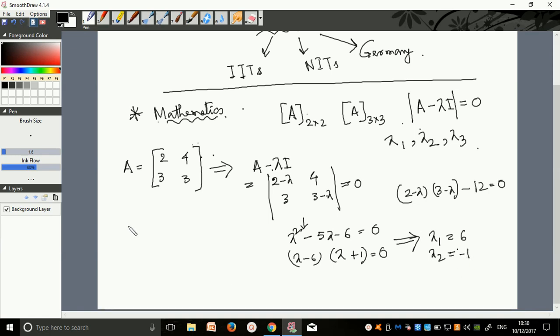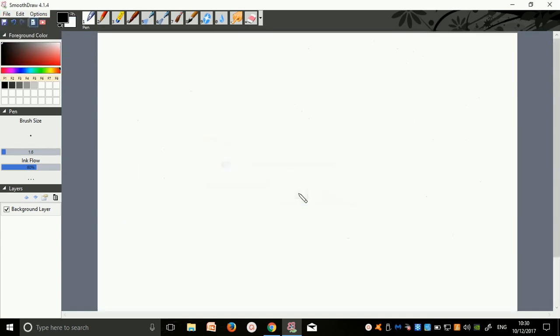Now the question which came in 2009, I'll give you one example. In 2009 a question came where you are given the matrix and you are asked to find the eigenvalues.